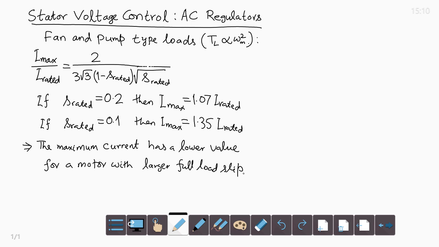Slip is larger, say 0.2, and maximum current is less.